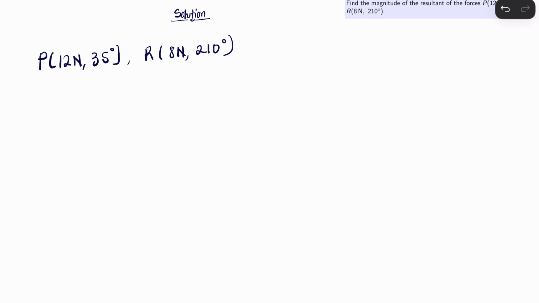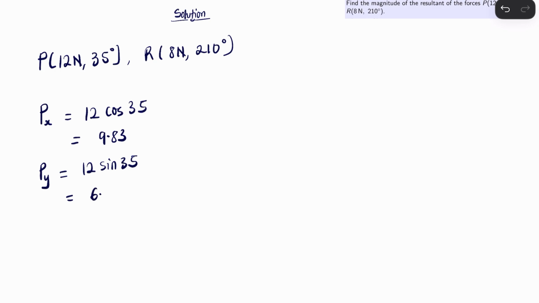For P, you're going to have Px, that's P along the x-axis, giving us 12 times cosine of 35, and this is equal to 9.83, right? Now let's compute P along the y-axis, so that's going to be 12 times sine of 35, and this is going to give us 6.88.